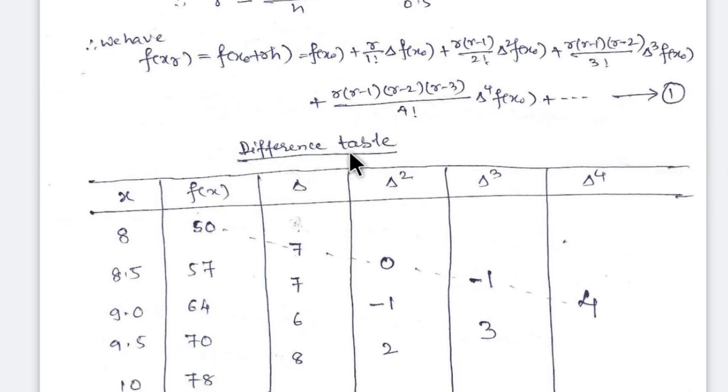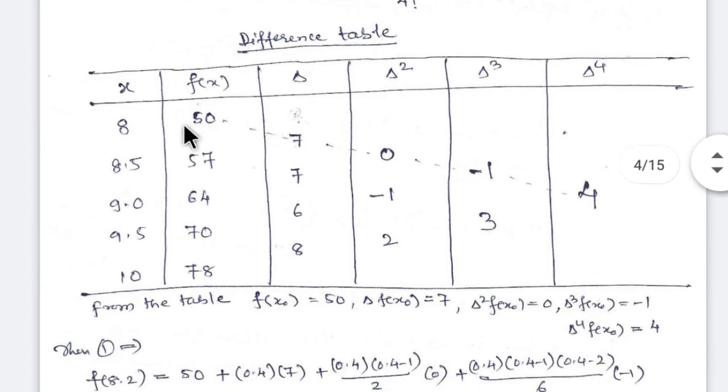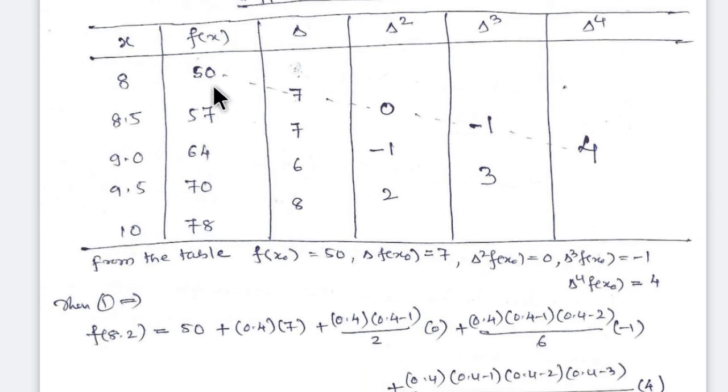Now construct the difference table by taking arguments and entries. x values you write 8.0, 8.5, 9.0, 9.5, 10; fx values 50, 57, 64, 70, 78. You construct the difference table. 57 minus 50 is 7, 64 minus 57 is 7, first order difference delta; 70 minus 64 is 6, 78 minus 70 is 8.